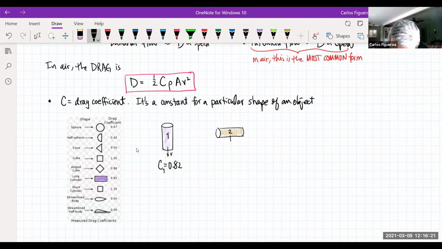As this one falls, it will interact with more air molecules.